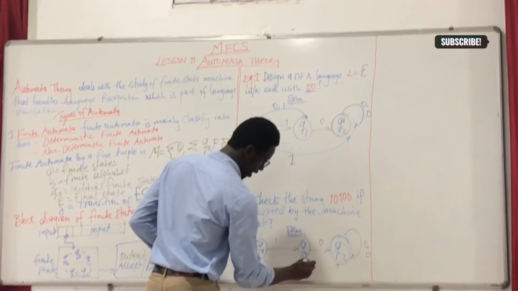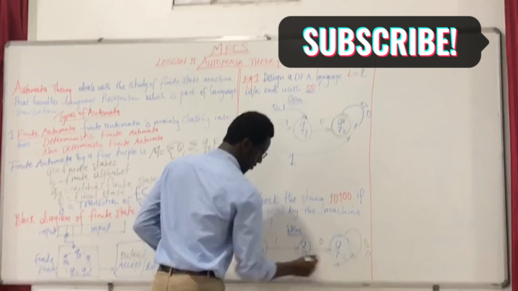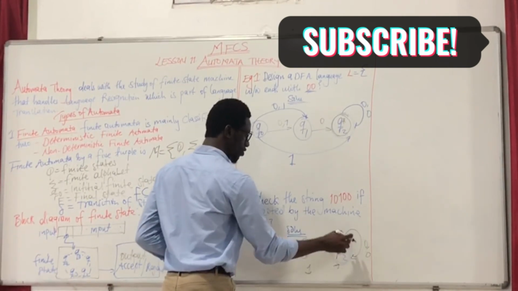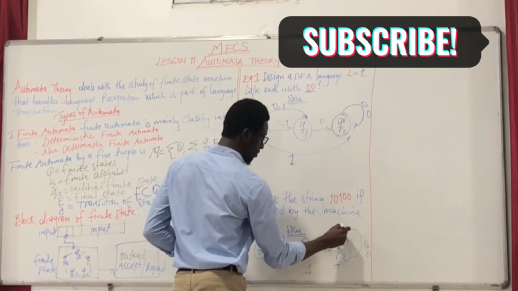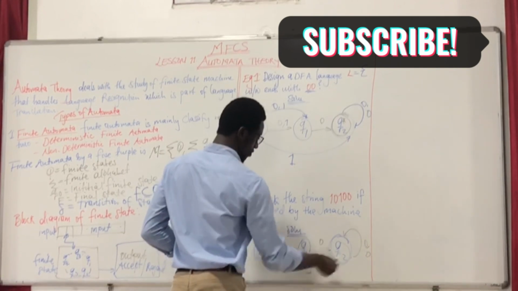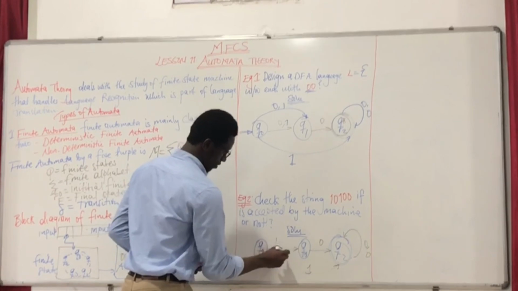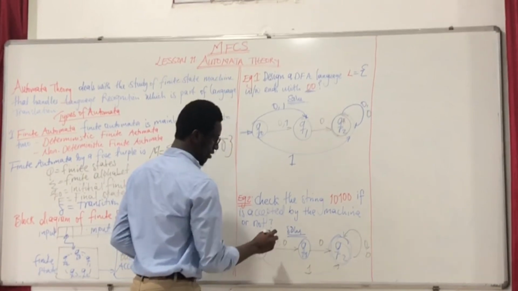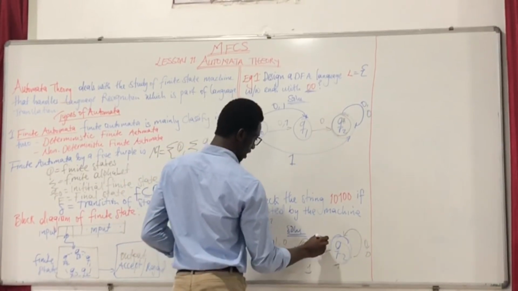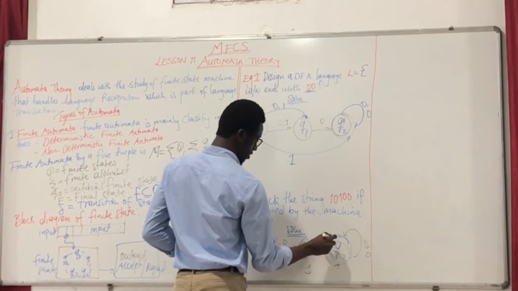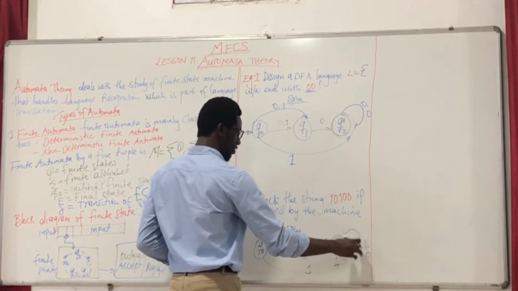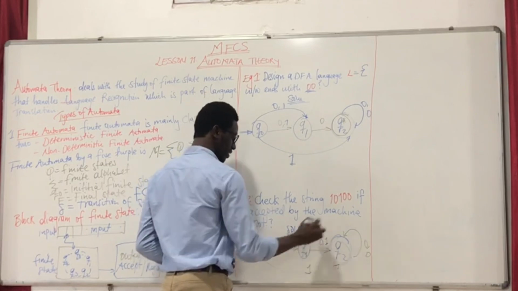We'll come here again 1, 1, 0, 0. This one can either come this way or this way, 1, 0, 0. Or this one you can have here 1. This one again you can have 0, 1, because our endpoint here is 0, 0. So this is our final state.